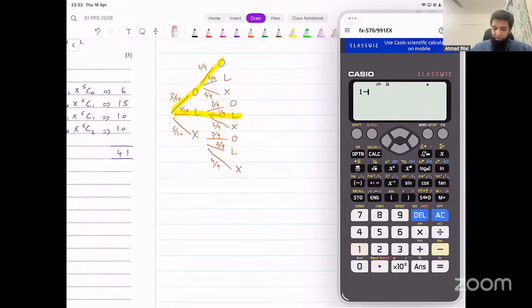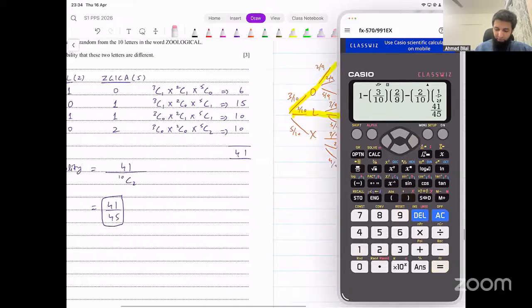We can do 1 minus 3 out of 10 into 2 out of 9. And also 2 out of 10 and 1 out of 9.